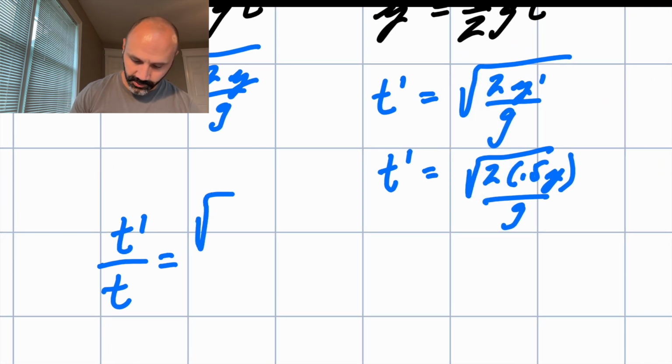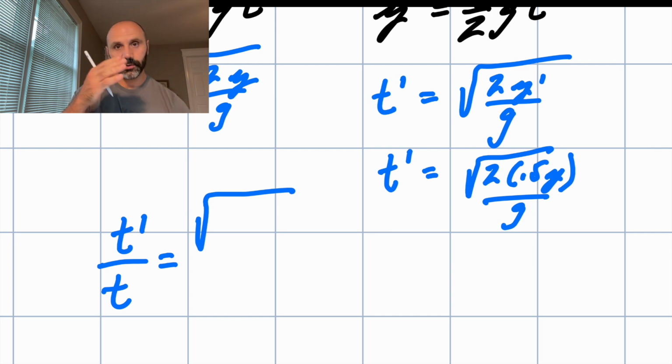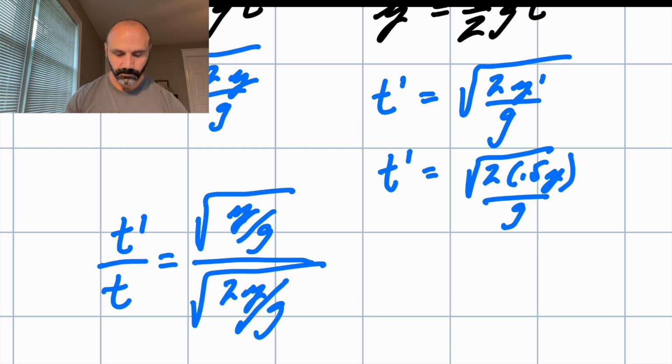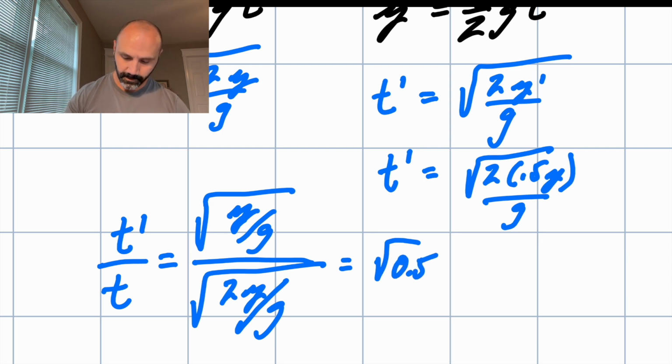So this is the square root of, the 2 and the 0.5 cancel out. So this is just y over g over the square root of 2y over g. And when I simplify this, I just get the square root of 1/2, or the square root of 0.5.